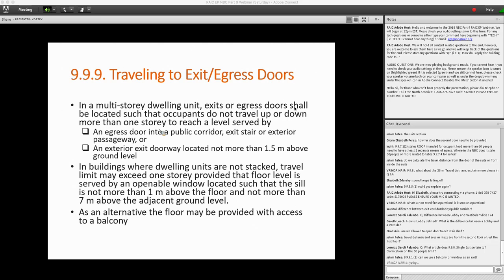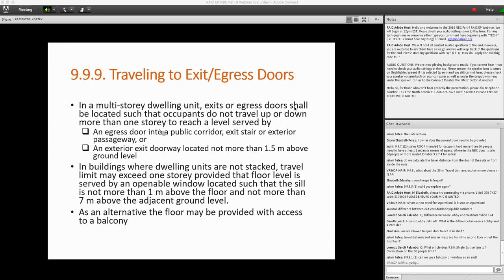So if you have a dwelling unit that is, for instance, 2 or 3 stories high, and the dwelling units are not stacked, then as an alternative to the first requirement, which requires traveling up or down no more than 1 story, you can have, for instance, on the 3rd story, an openable window that is located not more than 1 meter above the floor and not more than 7 meters above the adjacent ground level.